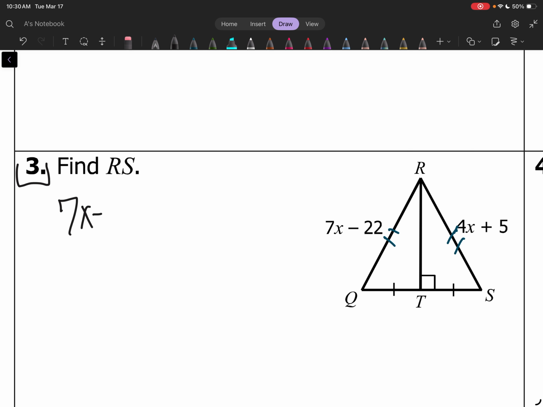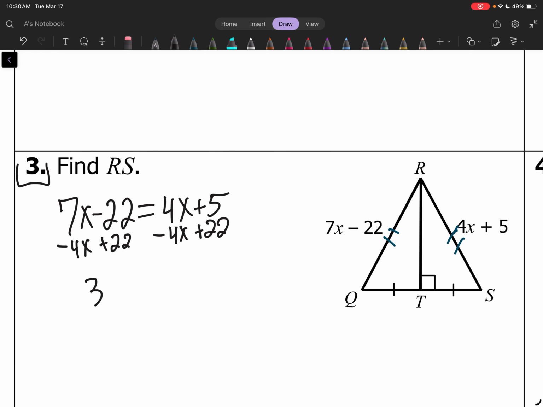7x minus 22 equals 4x plus 5. Minus 4x, plus 22. 3x is equal to 27. Divide by 3.